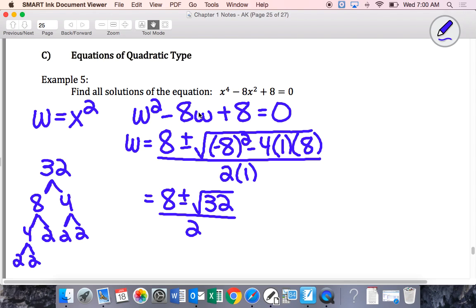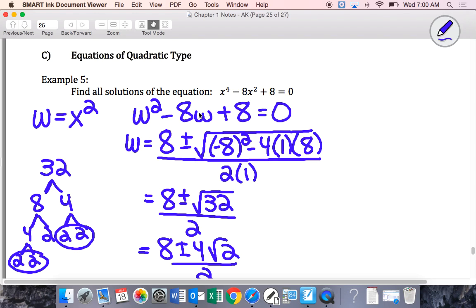So I've got 5 2's there. That means I'm going to have 2 pairs of 2. So I can have a pair of 2 here and a pair of 2 here. So when I rewrite that, it's 8 plus or minus 4 radical 2 all over 2.